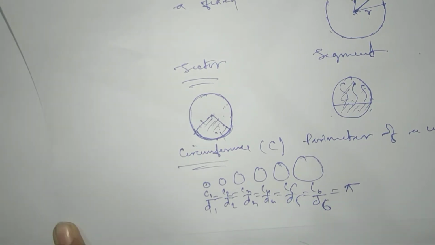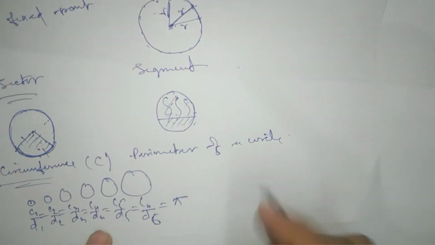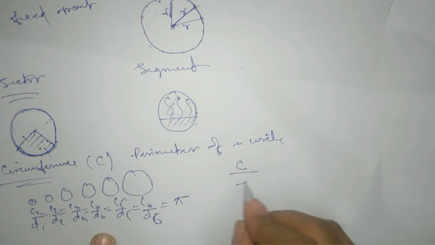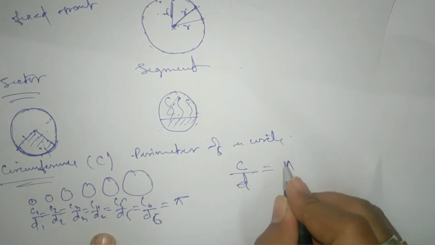That means pi is what? Pi is the ratio of circumference to the diameter of a circle, and it is fixed. That is 3.14, and it will continue and never end. So if we take C as circumference and D as diameter, then we'll get pi.